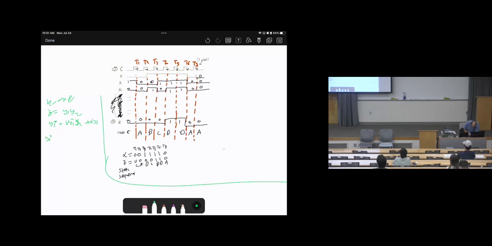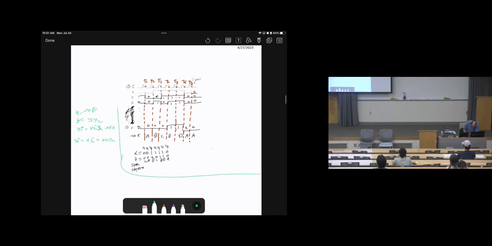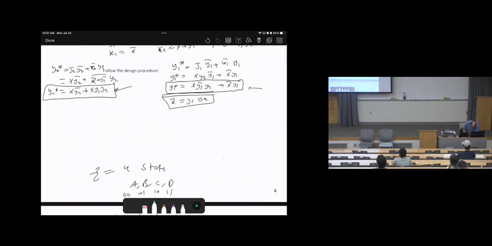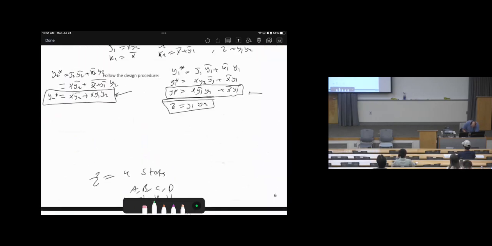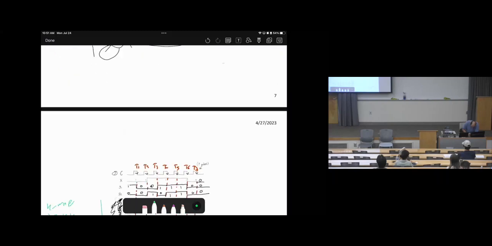Y2 star: X Y2 bar plus X Y1 Y2 bar. This is X Y1 bar, X Y2 bar, yes.